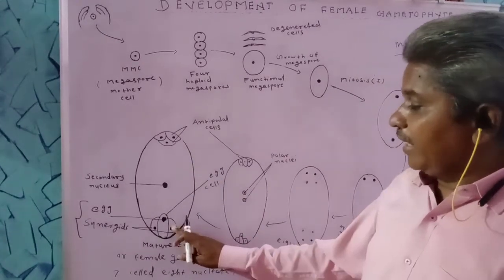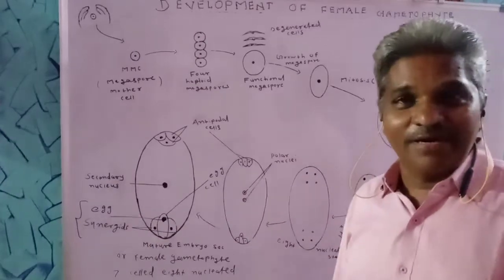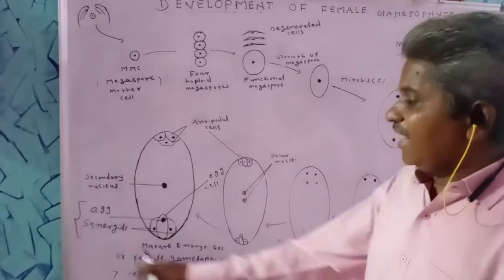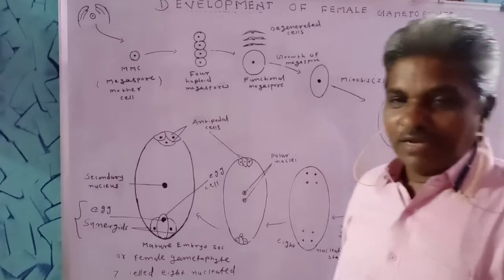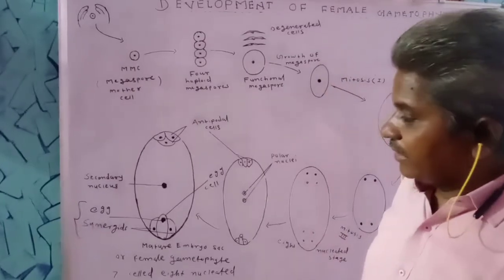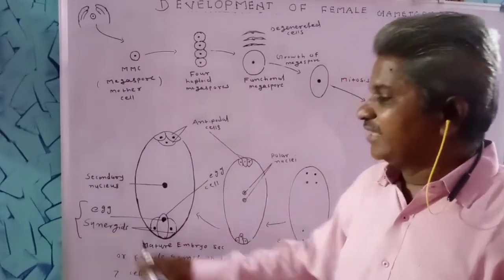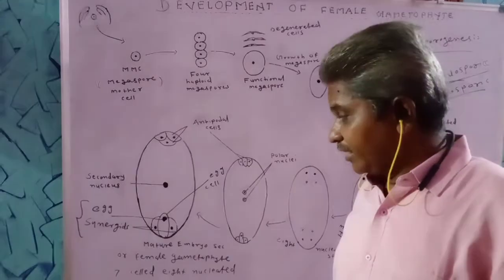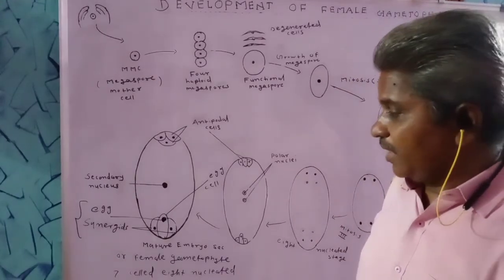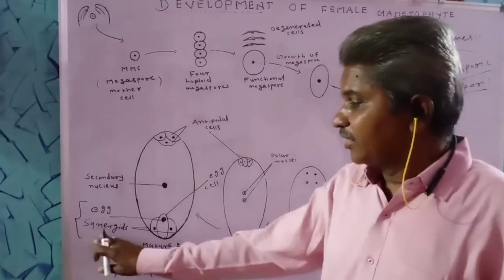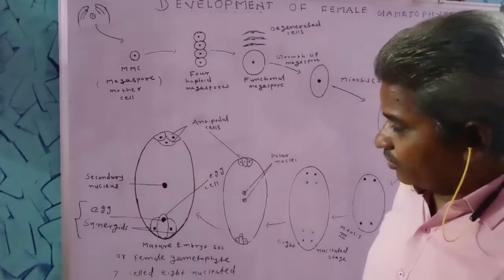Now, the lateral 2 cells in the egg apparatus are called synergids, and they are useful in the sexual reproduction of angiosperms. During fertilization, synergids play an important role.